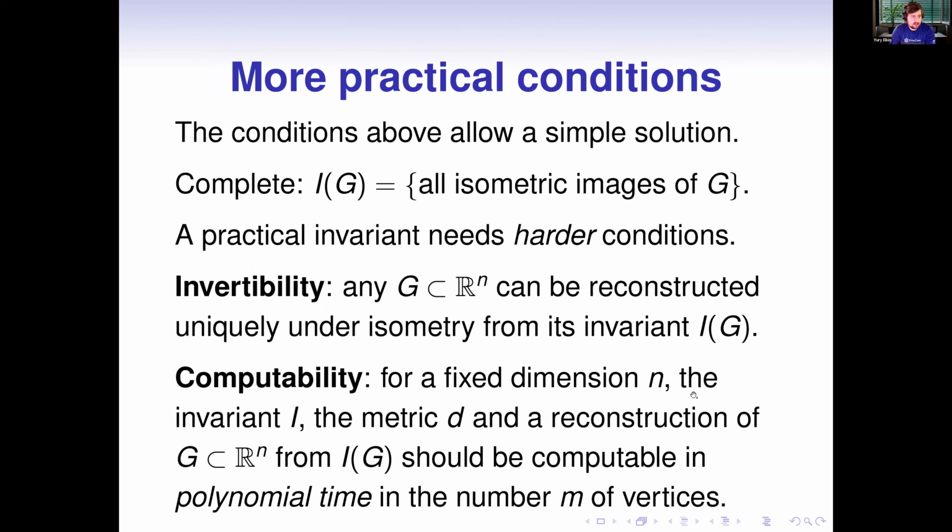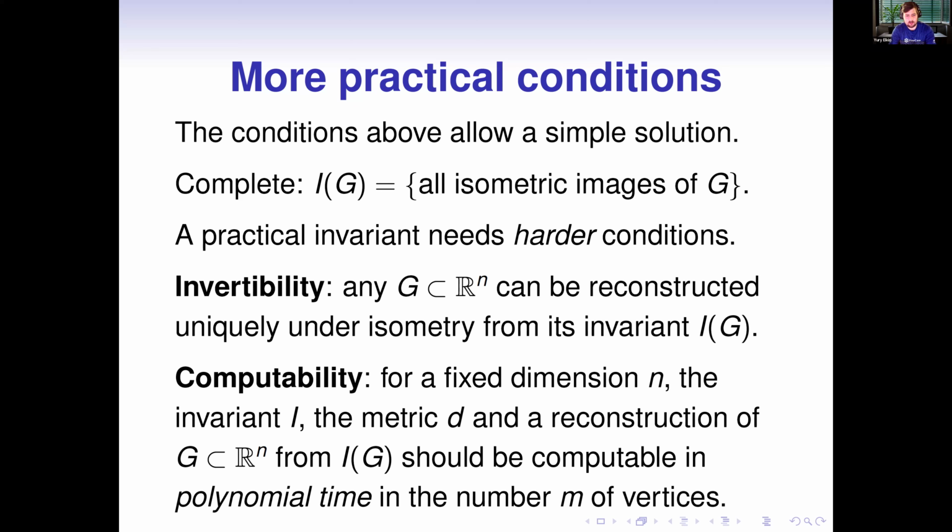And then there are some more practical conditions. We want completeness, so that we can reconstruct any graph from this invariant. We have this large set of graphs and they all map to this simpler space. And then we want it to be invertible, in the sense that we can go from this invariant space back to some representative of the graphs.